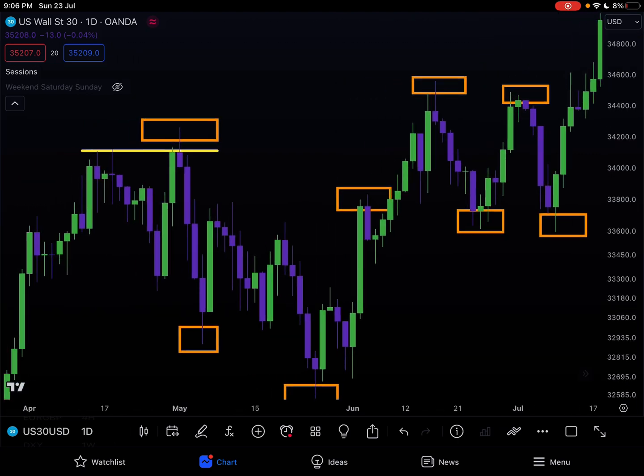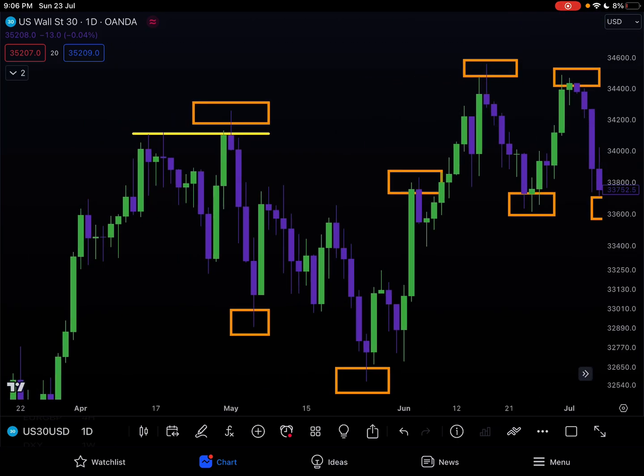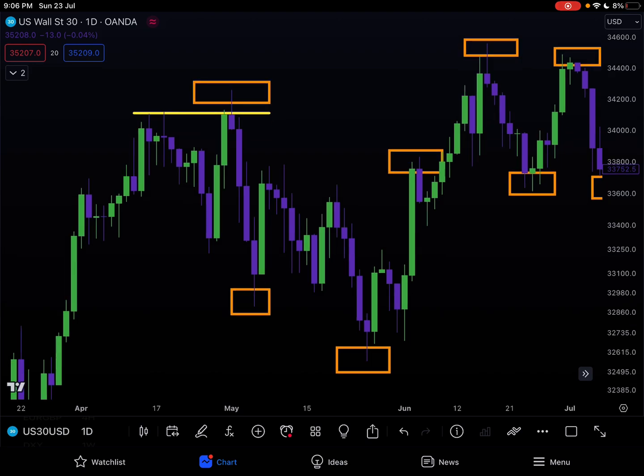Now, first thing, a lot of people ask me, yo, what is turtle soup? And the thing about it is, it's a very, very simple concept. It's simply a run on liquidity, okay? How you activate it or how you participate using this concept, I'm not going to lie, is very difficult at first.